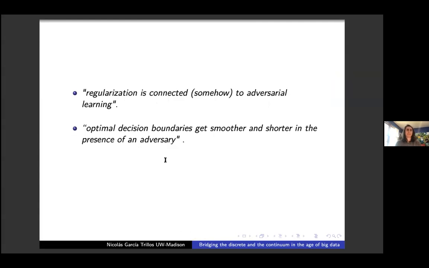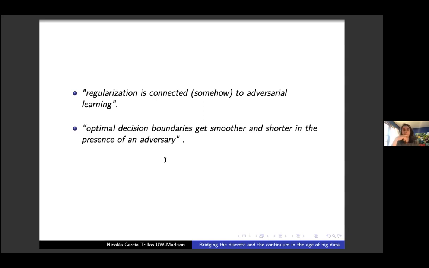Let me start with two loose statements, and we're going to try to make sense of them mathematically. This is the purpose of the talk. The idea of regularization is connected in some way to adversarial learning. So there is a connection between regularizing and having an adversary.